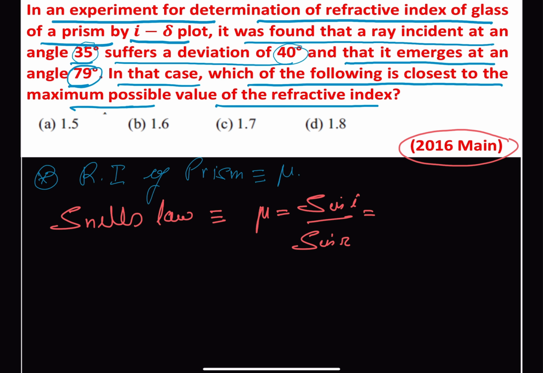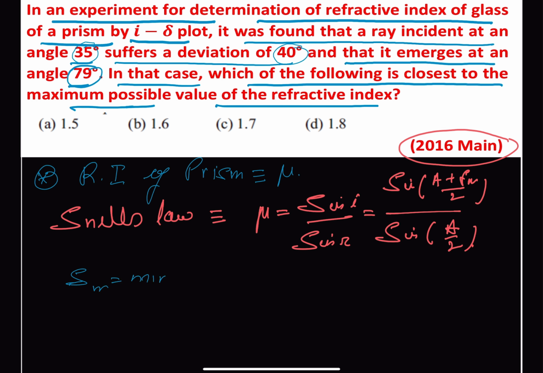Therefore, substituting, we get sine of (A plus delta m) divided by 2 over sine of A by 2, where A is the angle of prism and delta m is the minimum deviation through the prism.